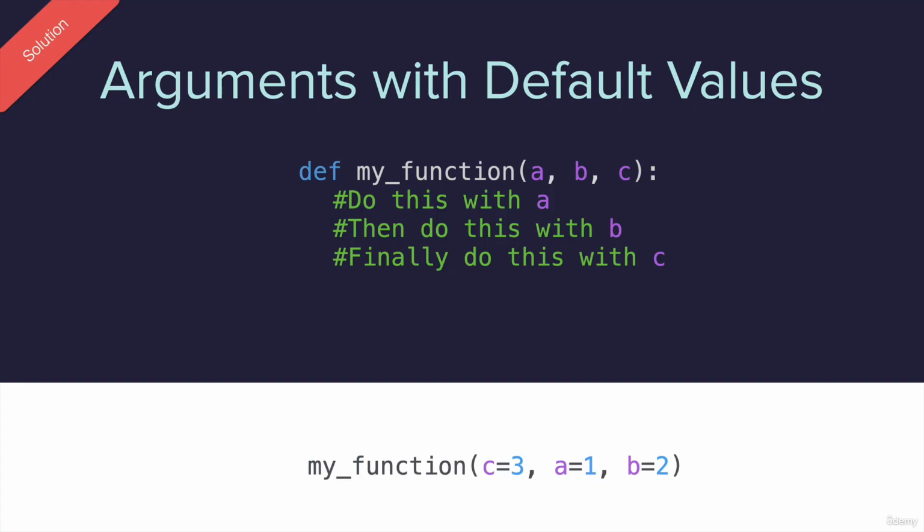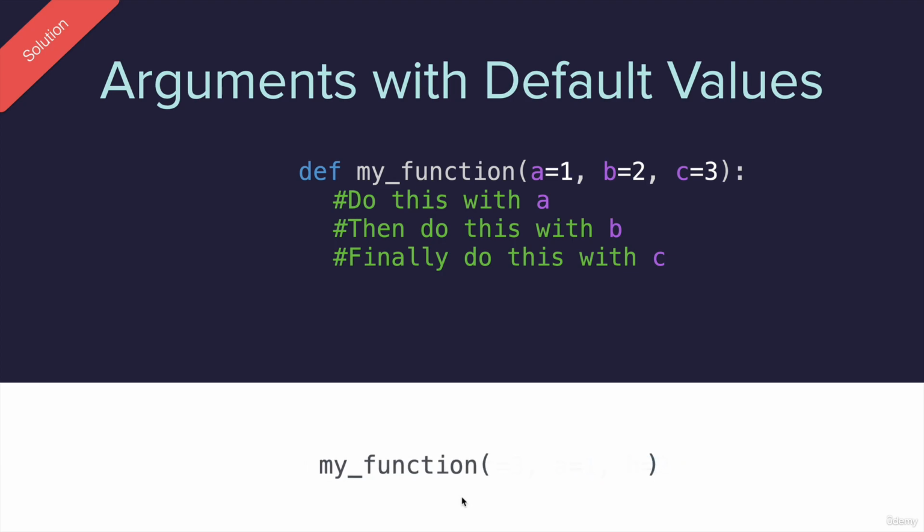We can do this by simply changing the function declaration. So when we create our function, we can already give it some values to start off with. So we can say that a should be equal to 1, b 2, and c 3, and these are the default values. So that means when I call this function and I want to use the default values, I don't actually have to provide any inputs, and it will just go along as it would before.